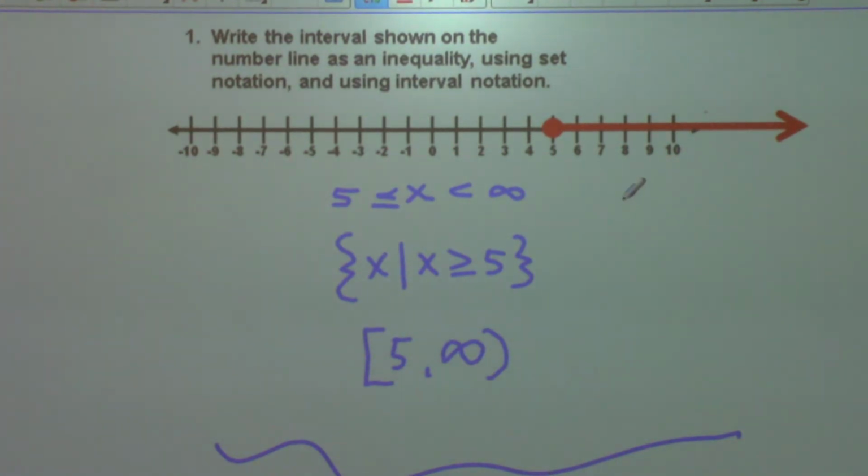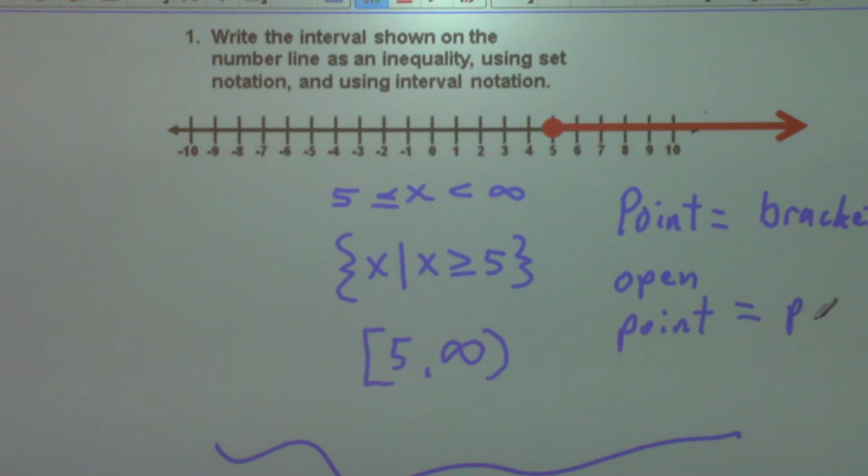If I may summarize here, Cheyenne, correct me if I'm wrong. A point equals a bracket, that's my thinking. And an open point, if you want to call it that, equals parentheses.